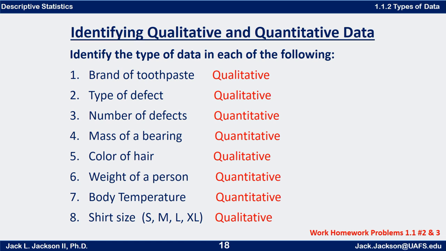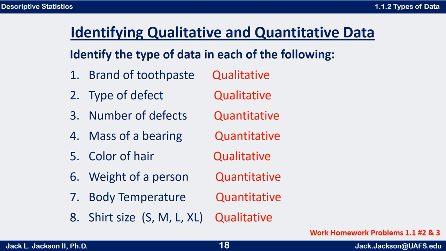The mass of a bearing is also quantitative. We're measuring it maybe in grams or kilograms. A color of hair, that's qualitative. It could be blonde or brunette or whatever. So that's qualitative data.